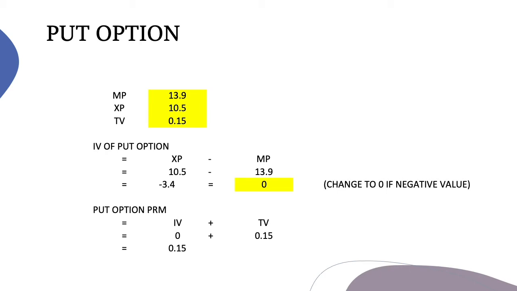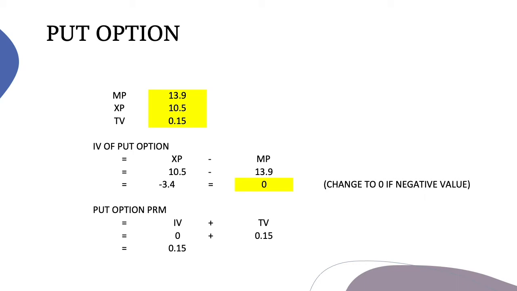You have the market price of share at 13 ringgit 90 cents, exercise price of put option at 10.50, and time value of put option at 0.15. To calculate the put option premium, the formula is intrinsic value plus time value. You don't have information on the intrinsic value of the put option, so you need to calculate it first.